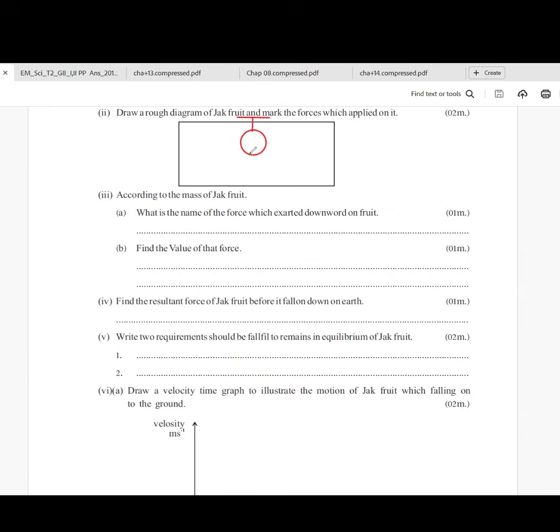This is the jackfruit, and the upward force is the tension and the downward force is the weight.